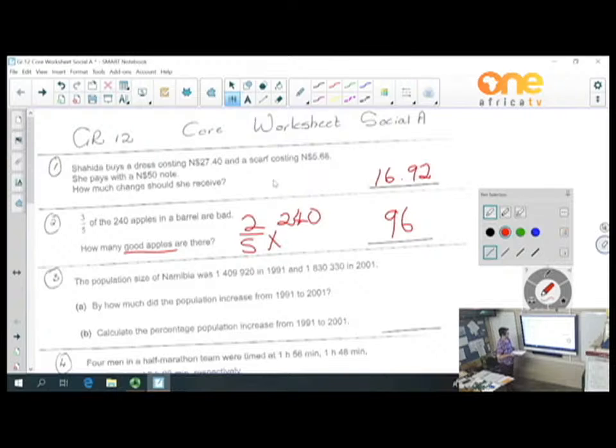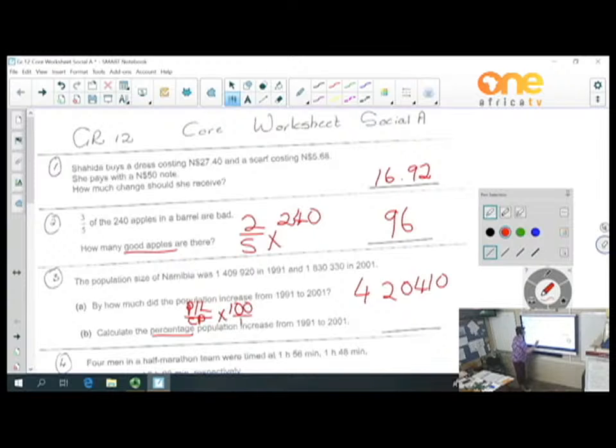The population size of Namibia was this in 1991 and that in 2001. By how much did it increase? So that's just subtracting the 2. I got 4,20410. But now they say calculate the percentage population increase. Now this is always profit or loss on the cost price times 100/1.